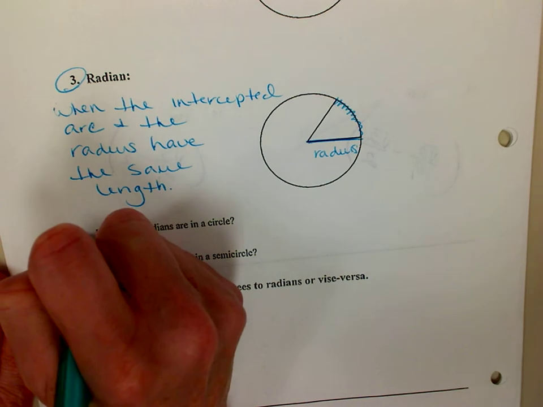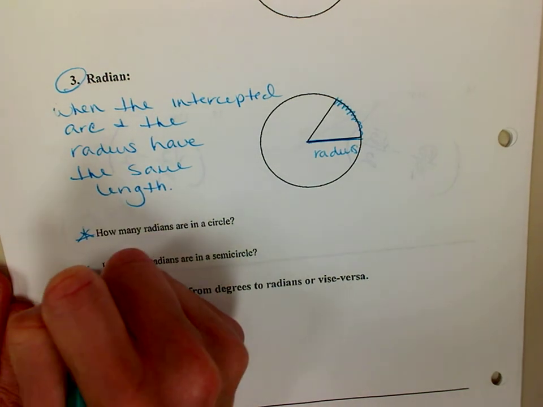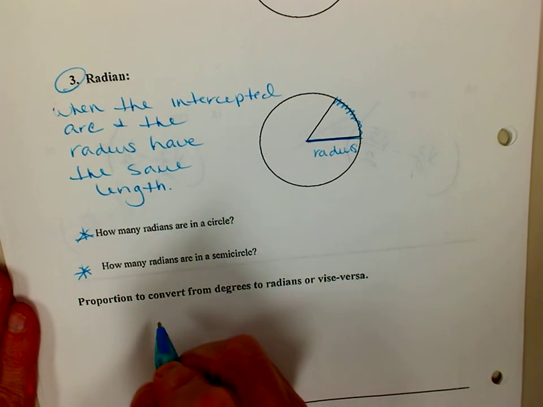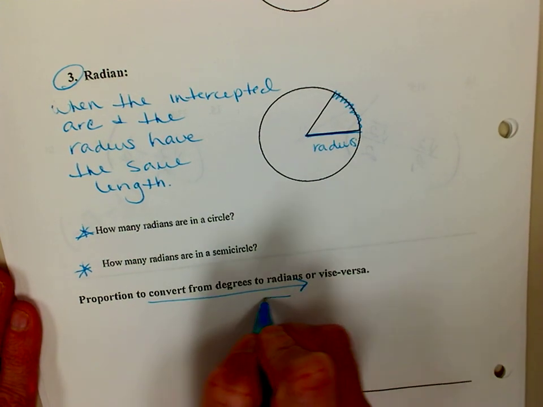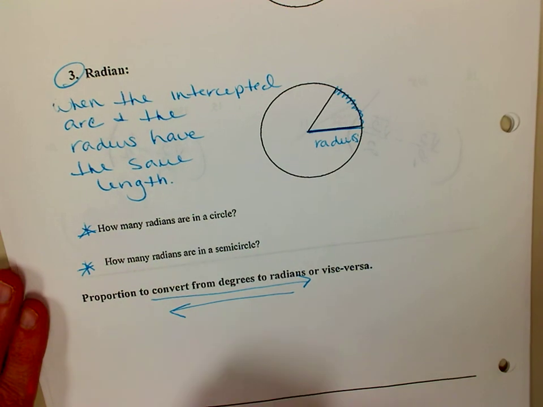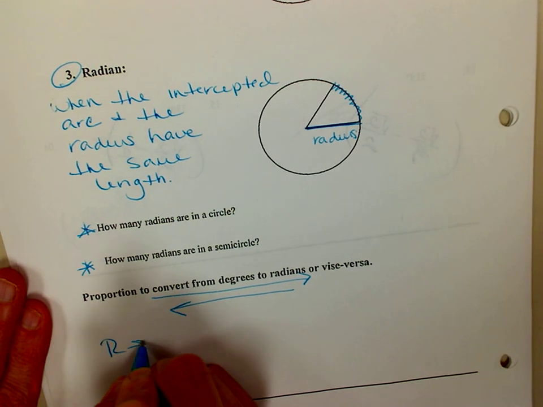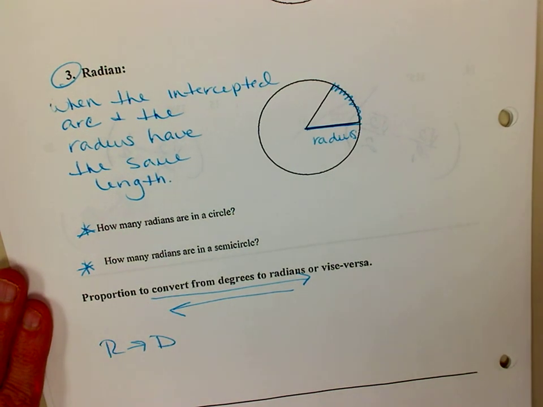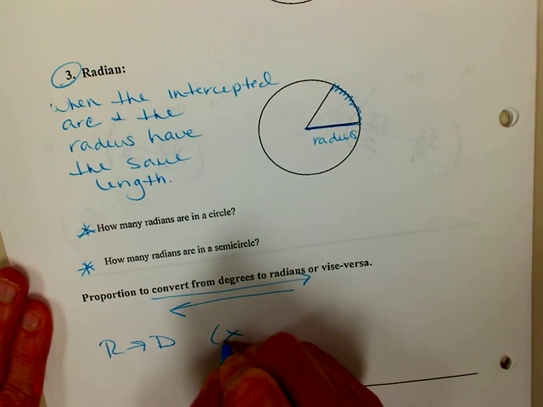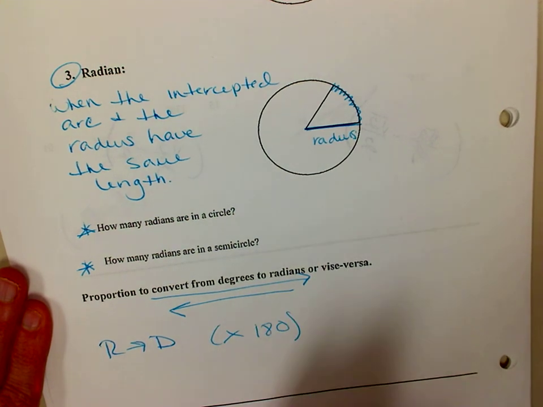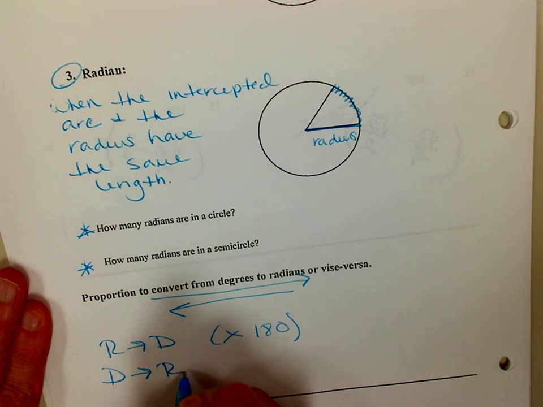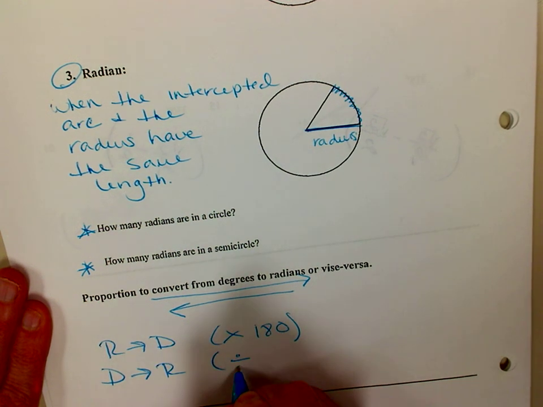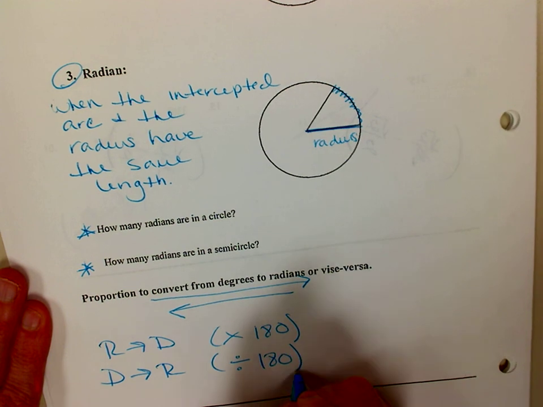Okay, we're going to get to this in a second, but before we do that, I have to tell you how to convert from degrees to radians or vice versa. So when you're going from radians to degrees, you are going to multiply by 180. If you're going from degrees to radians, you're going to divide by 180.